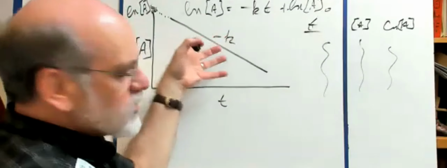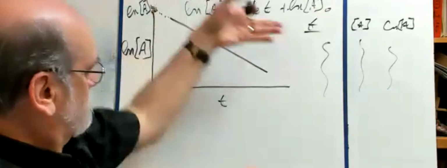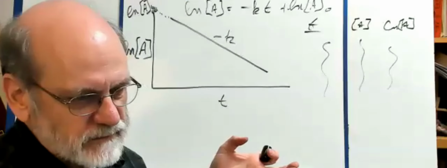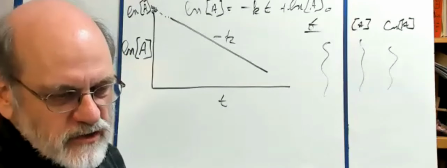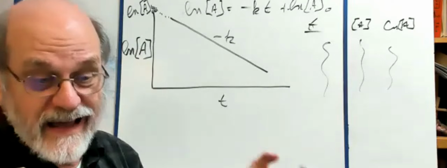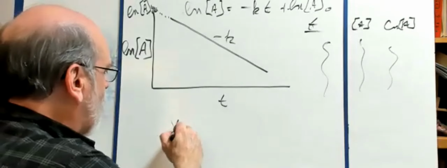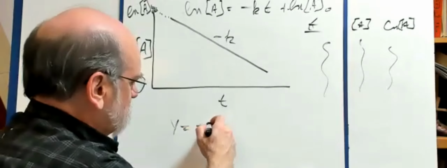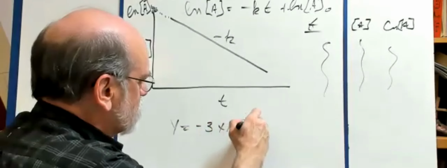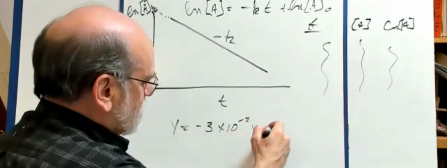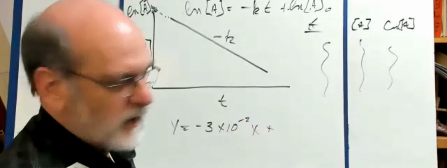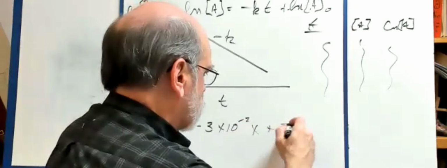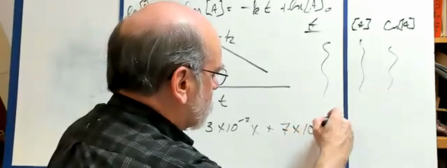So if you have a value for that equation, let's just say the equation were reported in terms of y and x, let's say we have y equals minus 3 times 10 to the minus 2 x plus, I don't know, 7 times 10 to the minus 3.